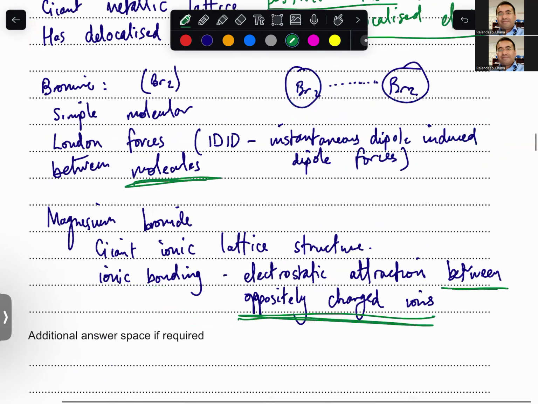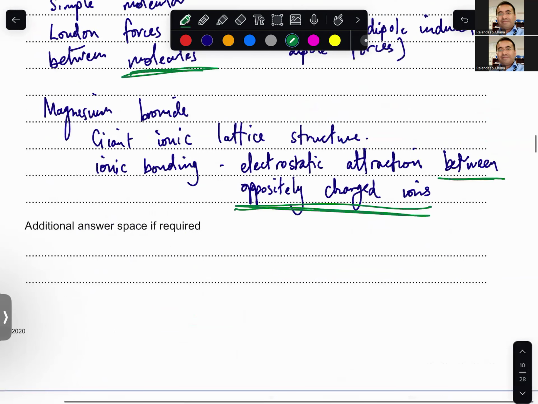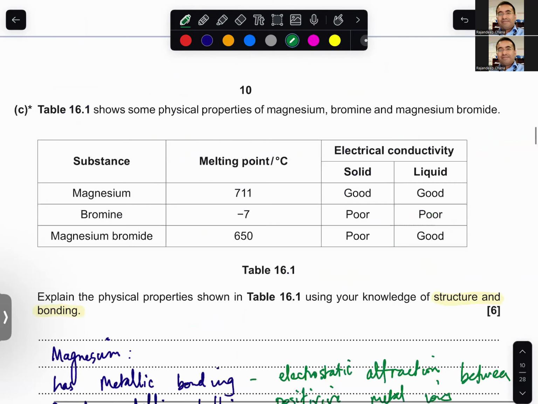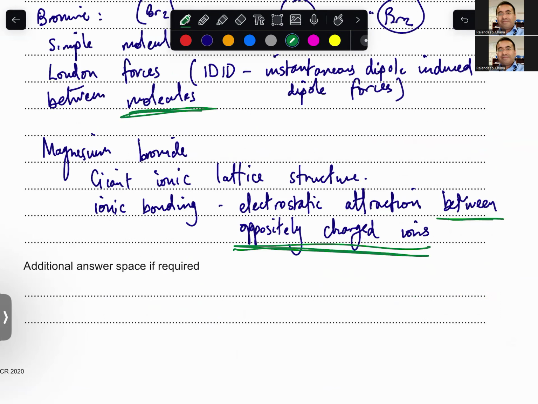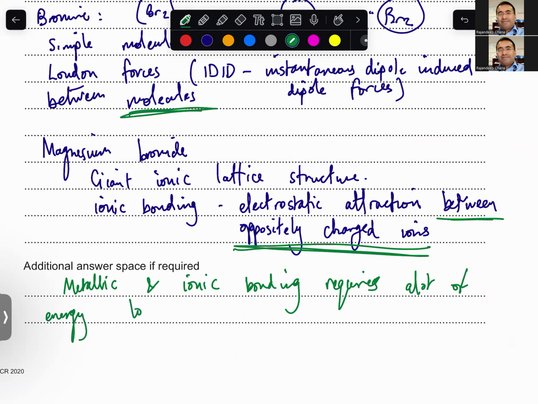Now, about the bond strengths, you see, this idea that metallic and ionic bonding requires a lot of energy to break.